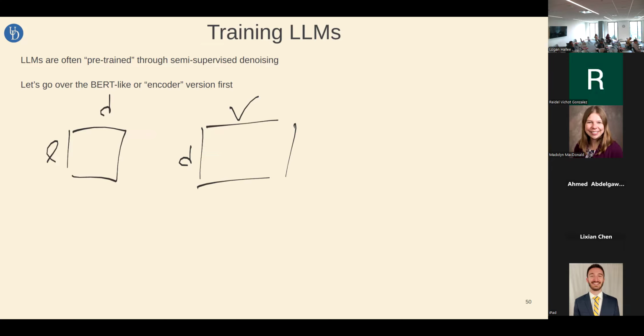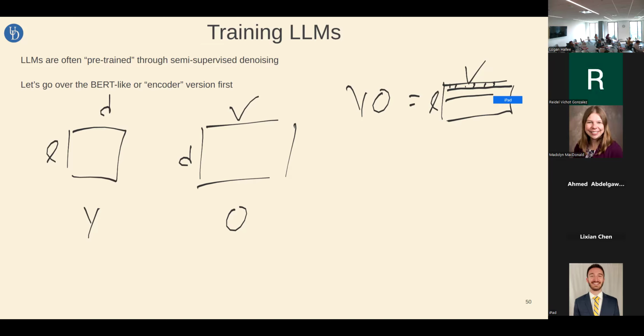Let's call this output Y O, yo, which is going to be L by V. And these are going to be unscaled predictions of every single possible value for each element of our matrix. And the largest value of that matrix is our prediction. So if the largest value in the position where we had a mask is "really", good job. And of course, just like in our other classification example, we're going to softmax this so that it's a distribution of probabilities.